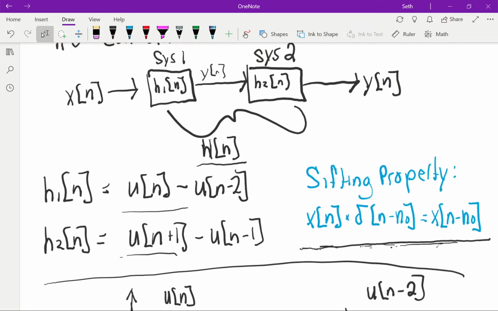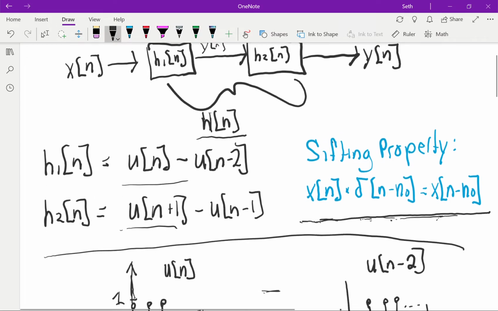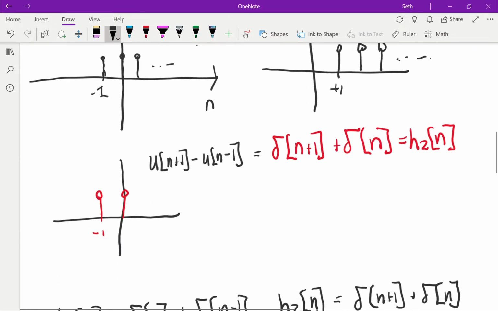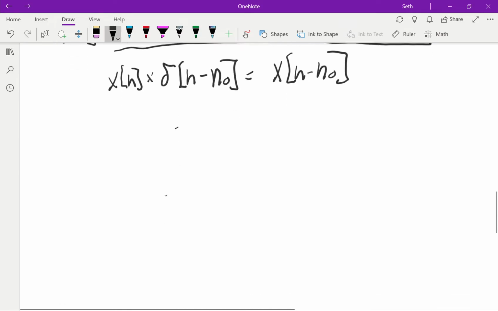Just so we're clear, the reason we're convolving them is because h1 of n is the input to h2 of n, so the output is capital H of n. And that's of course just the convolution.